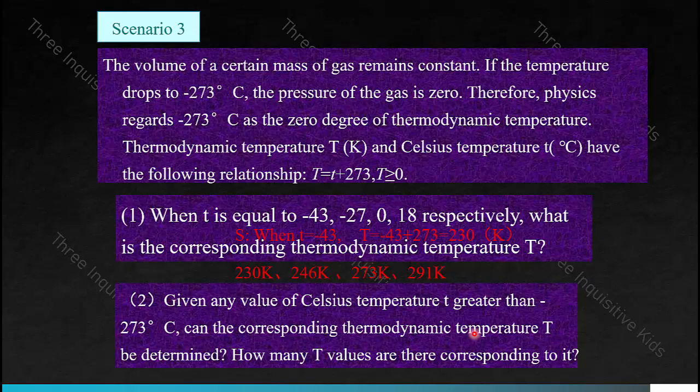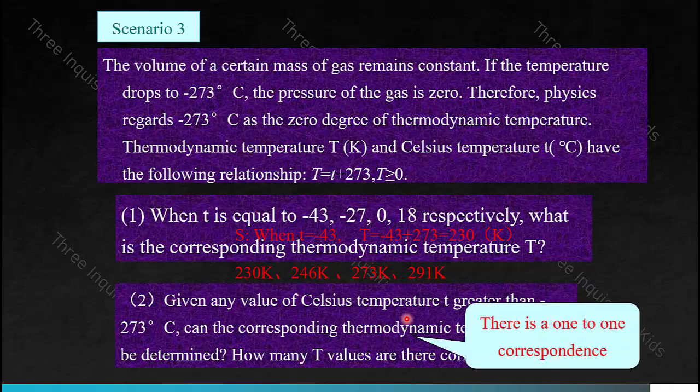So again, as long as this Celsius temperature is greater than negative 273 degrees Celsius, can I give you any value of the lowercase t, and then based off of a pattern, you give me a corresponding uppercase T representing its thermodynamic temperature. There is a one-to-one correspondence between a Celsius temperature and its equivalent in thermodynamic temperature.